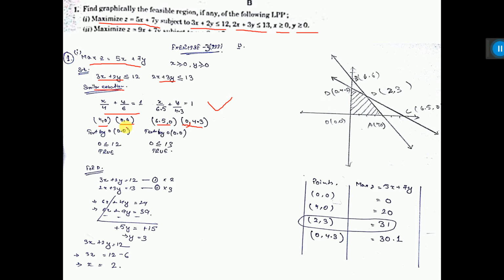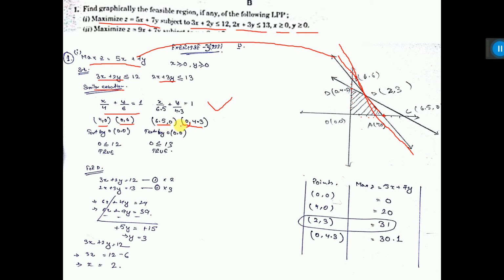The graph you can do on graph paper or freehand. You see here (4, 0): 1, 2, 3, 4, comma 0 here. Then (0, 6): 1, 2, 3, 4, 5, 6 here. Join these two points and you get equation number 1.